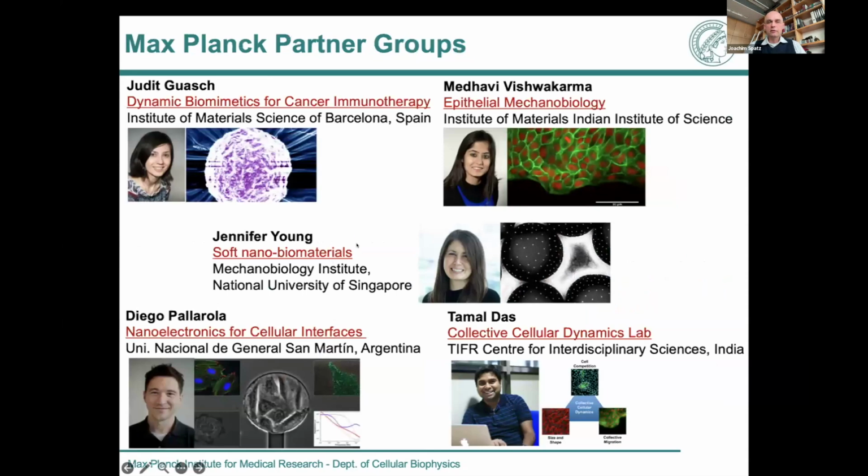But there is more to give beyond the department itself. The Max Planck Society also offers the best postdocs who once worked in the group the chance to become head of a Max Planck partner group. You see here five former postdocs of my lab, who are now back in their home countries, having a position there.